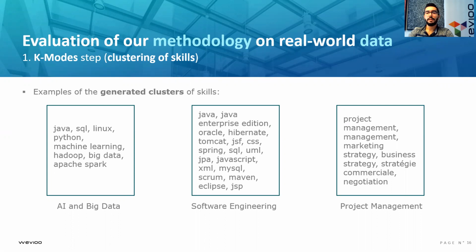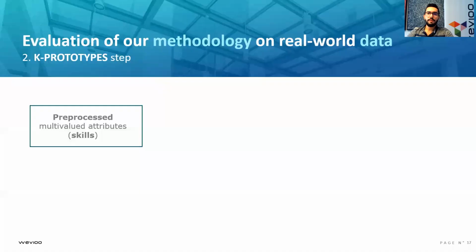Also, we can see that there are some skills that belong to multiple clusters at the same time. Before moving to the next step, which is the k-prototypes step, I would like to mention that we applied the same voting system to our multi-valued skills attribute and transformed it into a single valued one based on the generated clusters from the k-modes step.